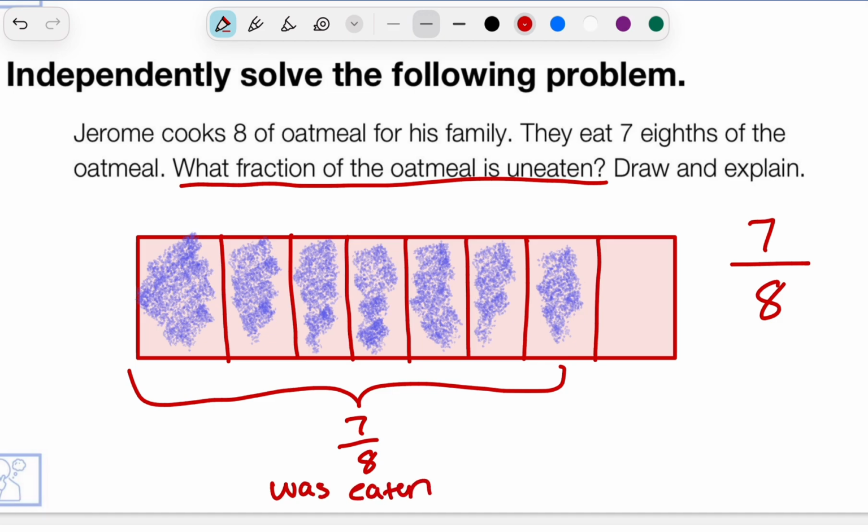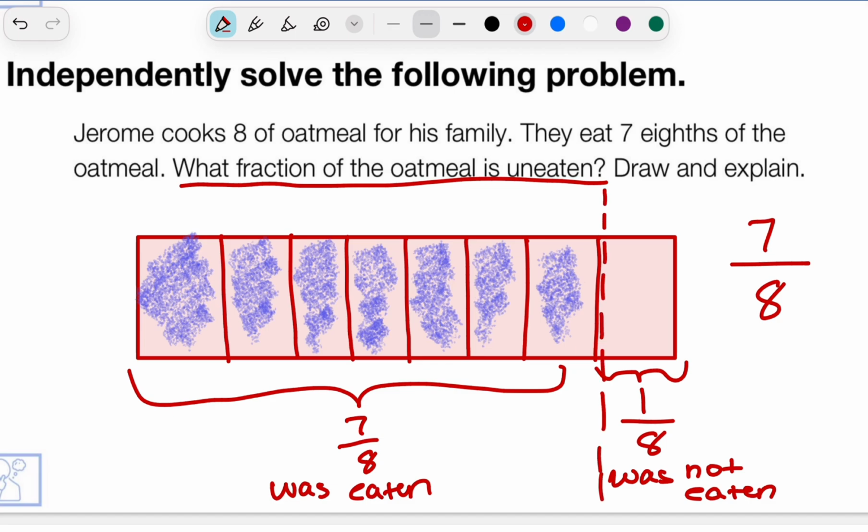Okay, and how many is left over? How many of the eighths are left? 1/8 was not eaten. Okay, so very simple way to show you that we're dealing with the shaded and not shaded parts. And I'm just going to partition this and show you that. So this half is what was eaten. This is what was not eaten.